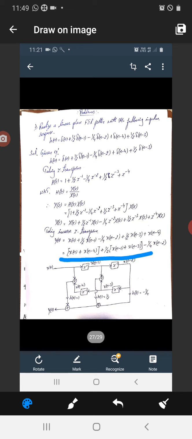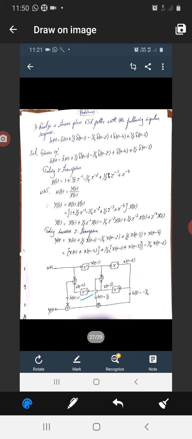Based on this equation, the input is x of n. Then for the other parameter, x of n minus 4 means 4 delay functions have to be passed, and then it is added and multiplied with 1, because here the coefficient is 1. For that reason here it is taken as 1.